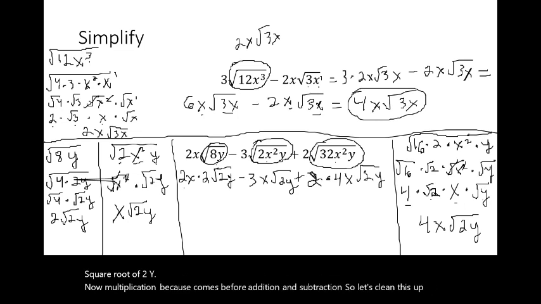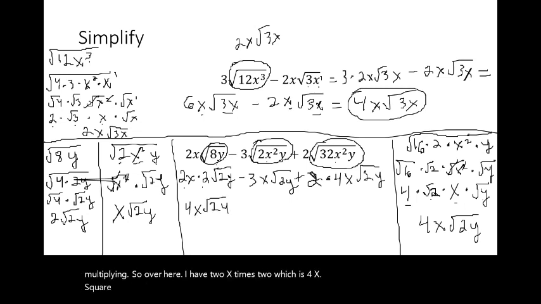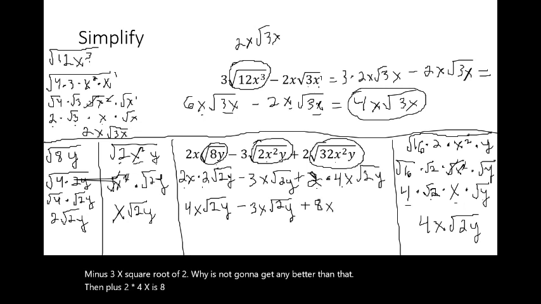So over here I have 2x times 2, which is 4x square root of 2y. Minus 3x square root of 2y is not going to get any better than that. Then plus 2 times 4x is 8x square root of 2y.